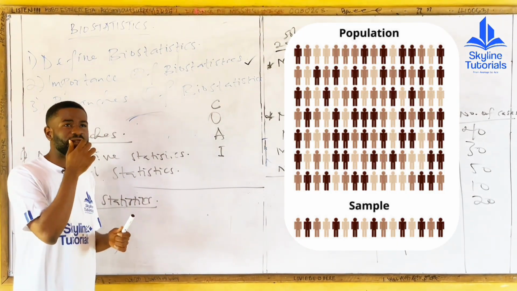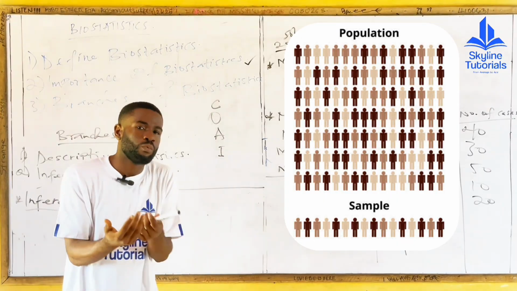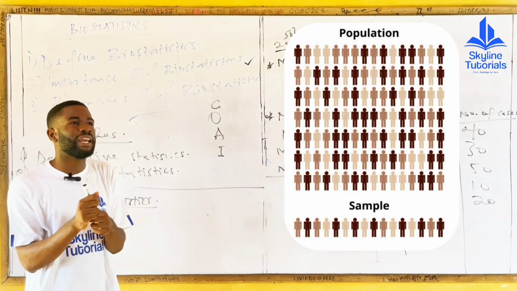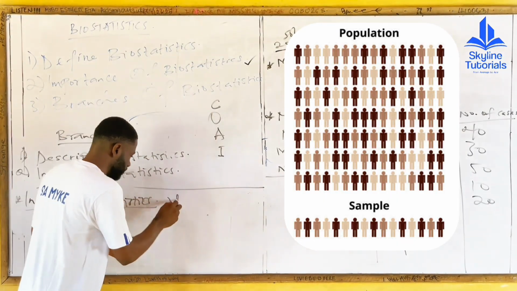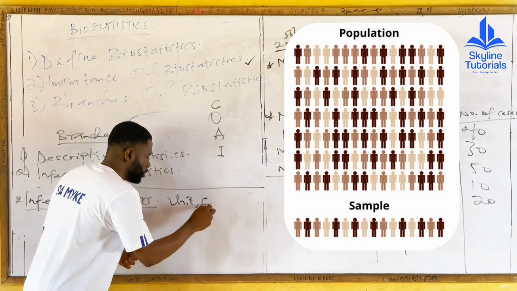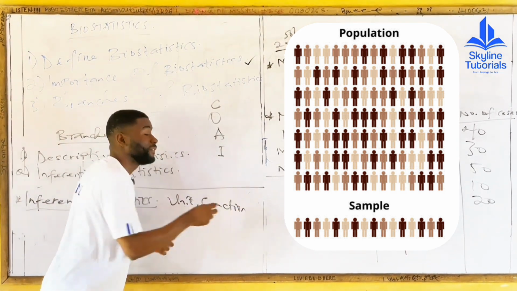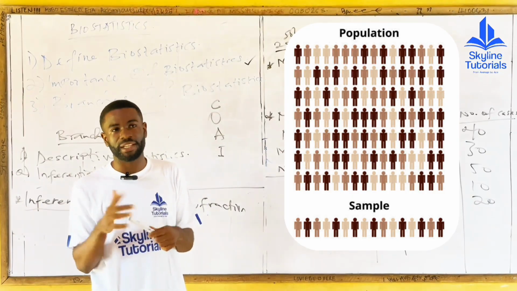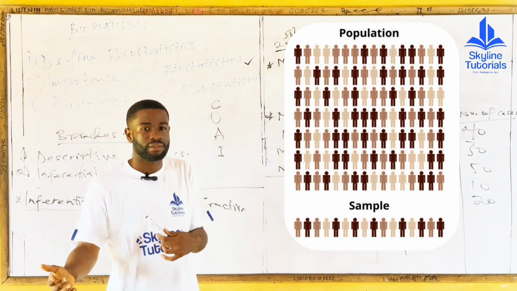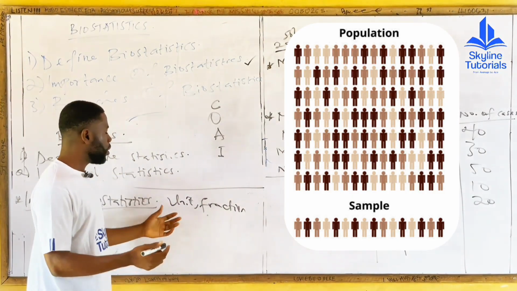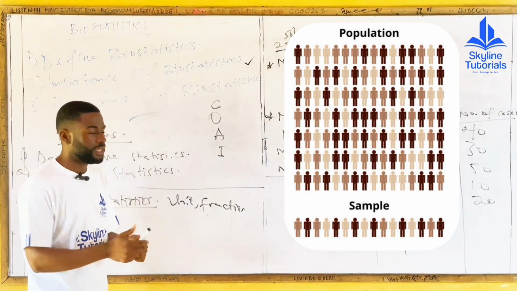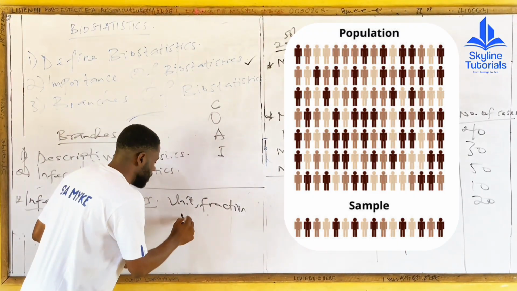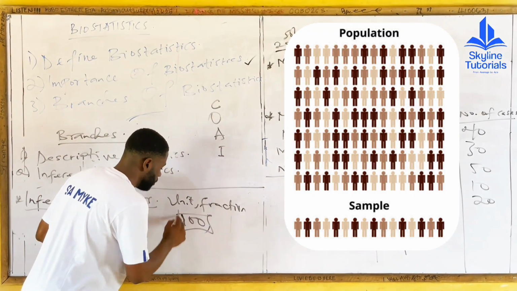So what a researcher would simply do is to get a unit or a fraction of 300 level University of Calabar nursing students. Let's say the research is on nurses. We get a fraction, probably 100 students.